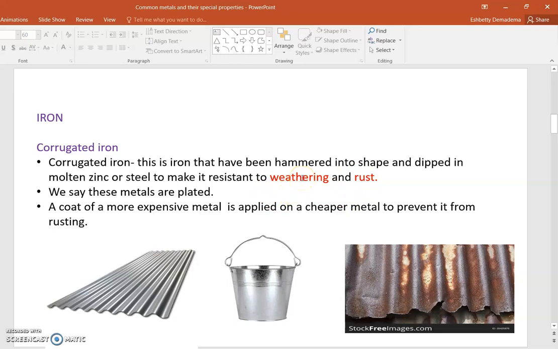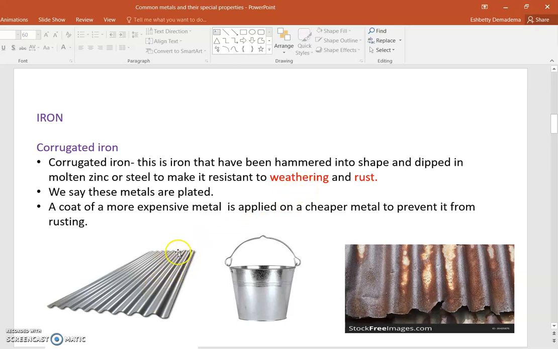So what you do is you make your sheets, okay? Remember we said that metal is malleable. It can be made into sheets. So you make your sheet out of iron, and then you coat that sheet with expensive material, which can be your zinc or your steel, and by so doing you are stopping it from weathering or breaking down.